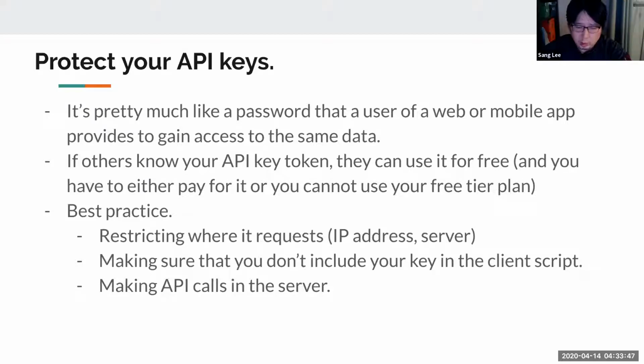You probably do not want to include your key inside the JavaScript of the client side, because it means that the string token will be visible to any users. Although, when you restrict your API by IP address or web server URL, this is going to be less of a problem.